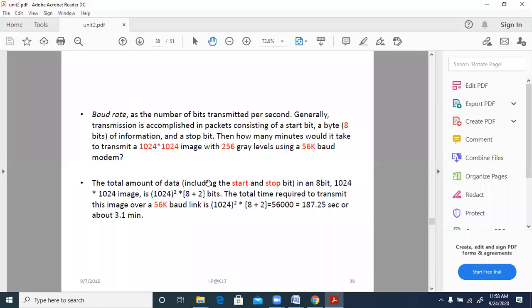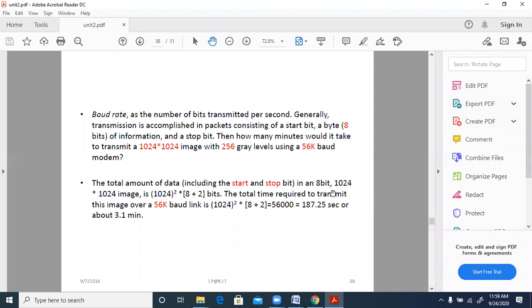The total amount of data including the start and stop bits in an 8-bit 1024 by 1024 image is 1024 square multiplied by 8 plus 2, that is 8 bits plus start and stop bits together.